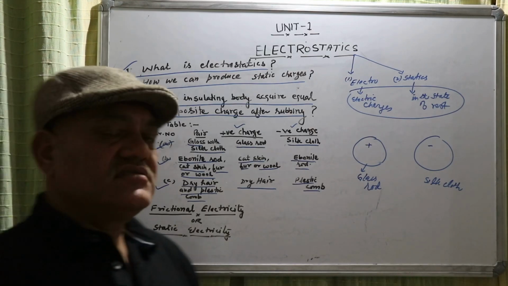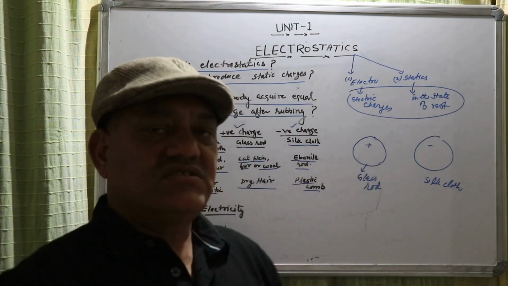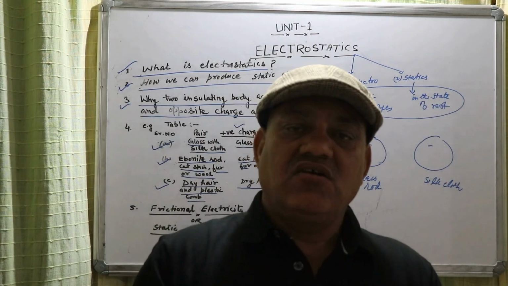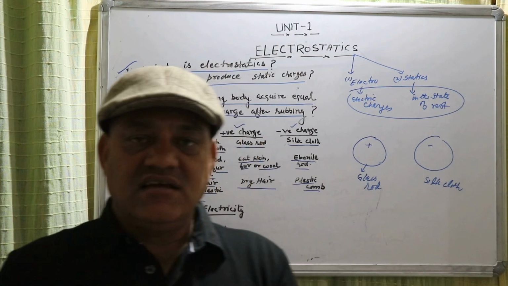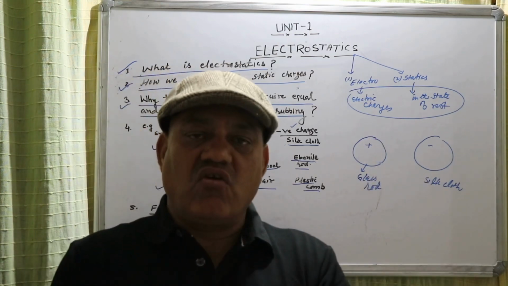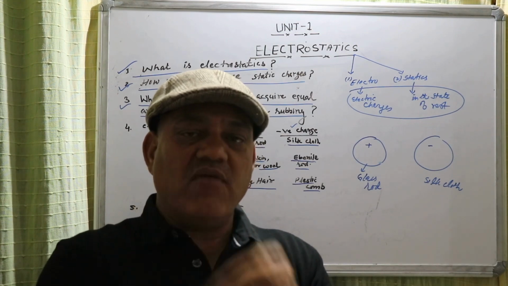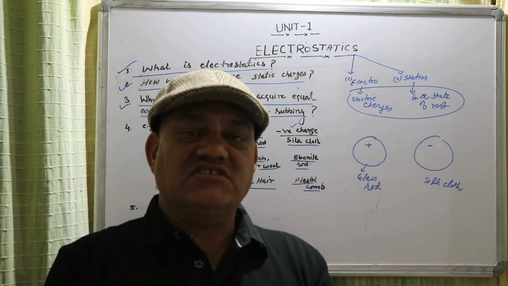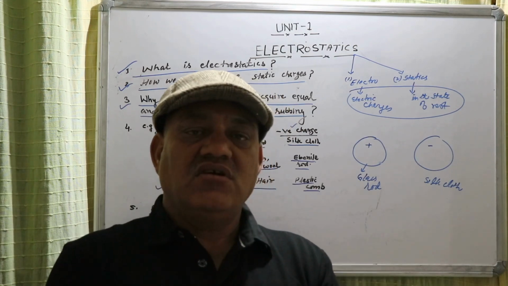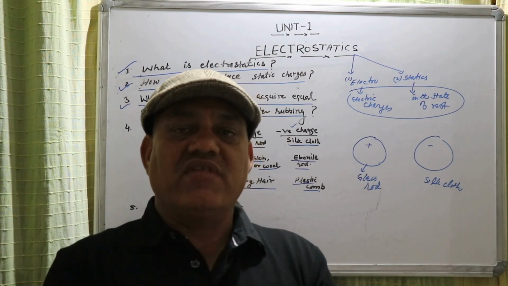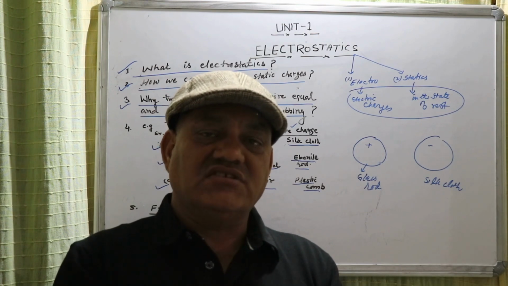This is because the glass rod's work function is less, means atoms of the glass rod require a small amount of heat energy to come out from the atom of the glass rod, and hence they acquire the positive charge easily.